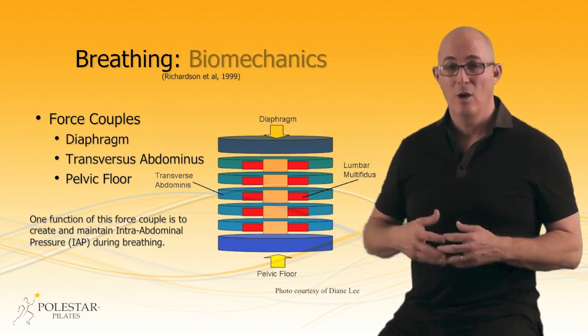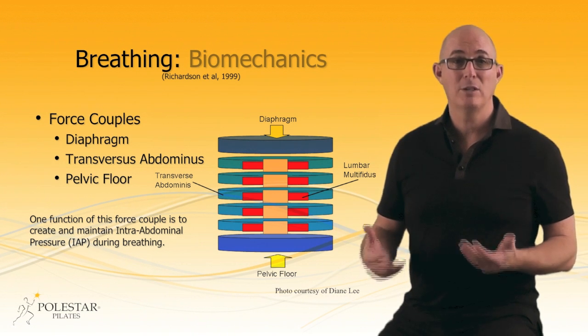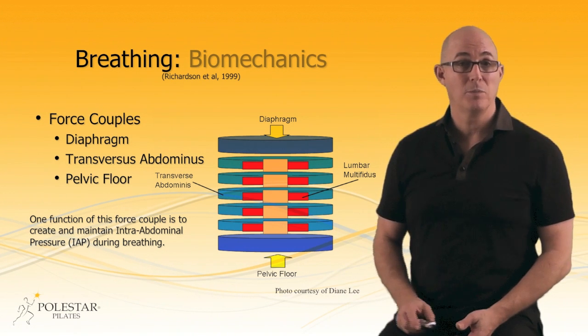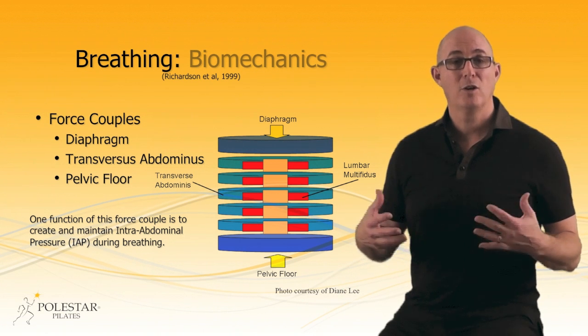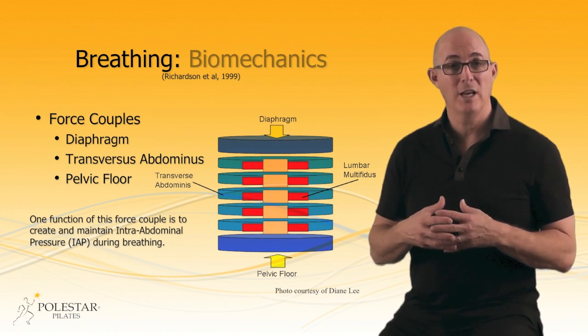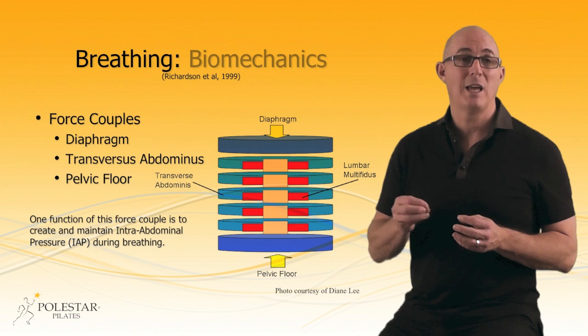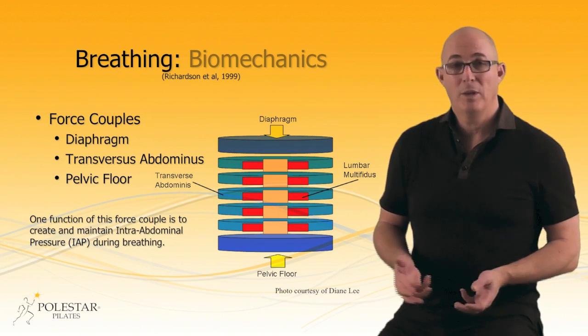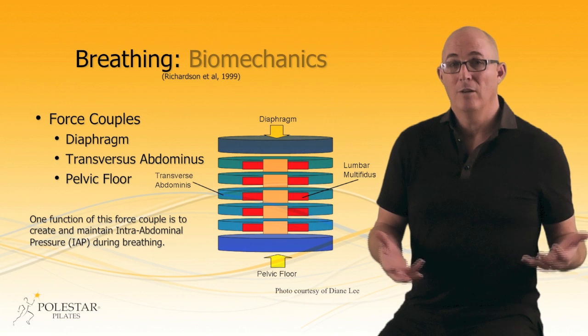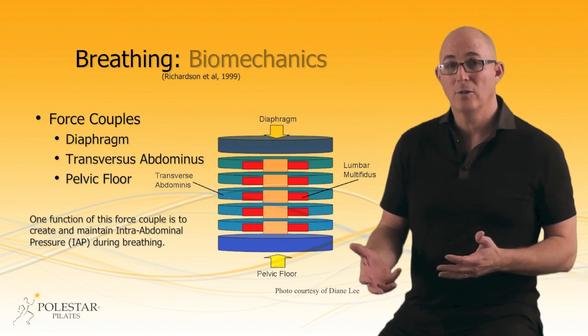Now you might ask, how does that apply? How is that important to me as a Pilates teacher? Well, the purpose of that type of co-contraction and organization is when we do sustained postures with dynamic breath. Functionally, that might be something like moving a box of books across the house.